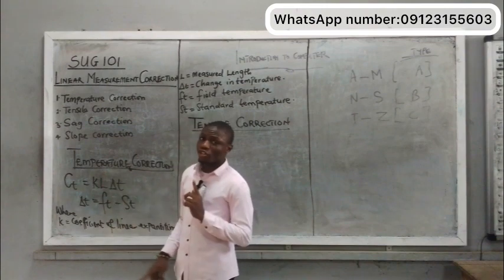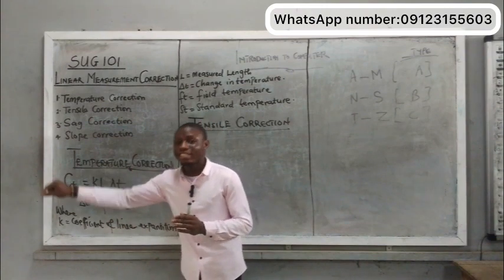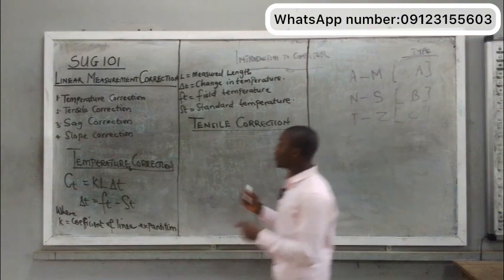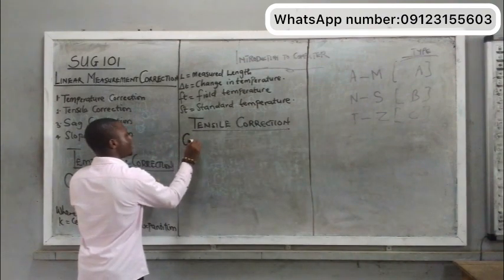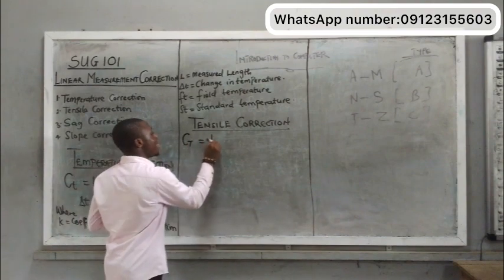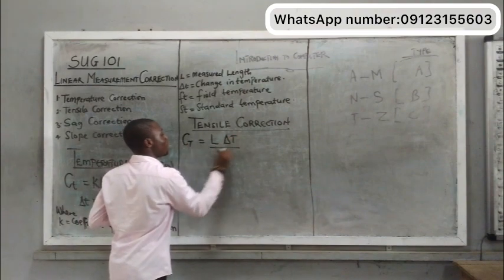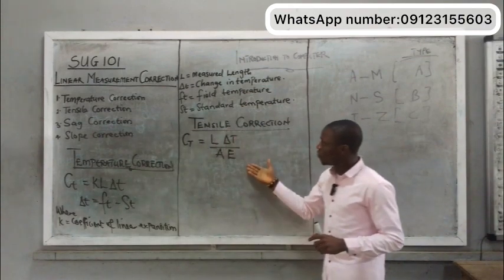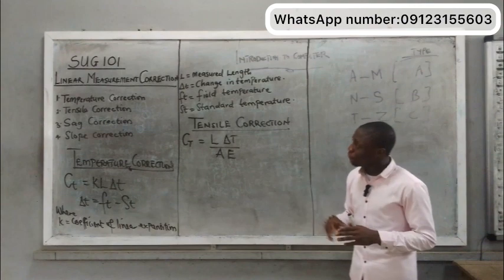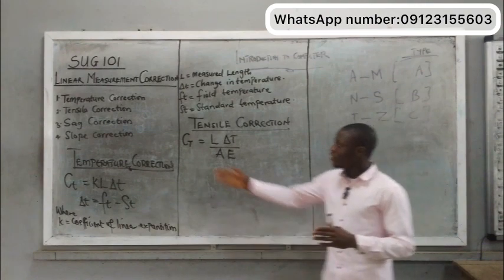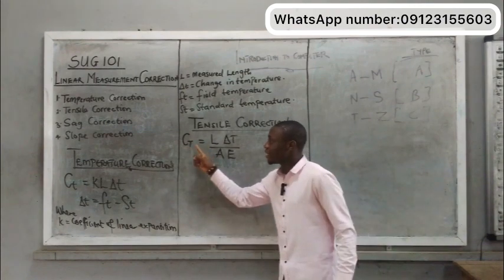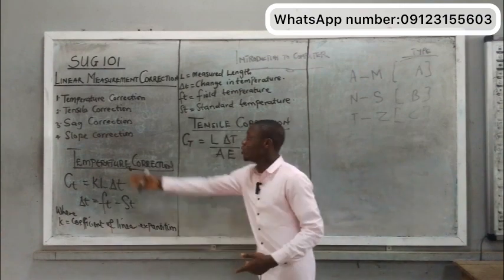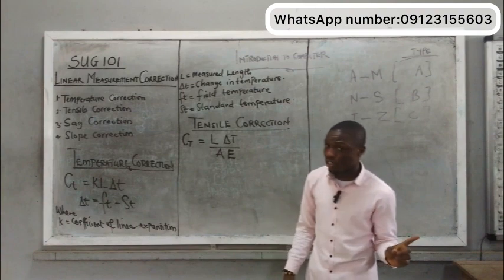Observe, temperature correction is C with a small letter t, but tensile correction is C with a capital letter T. So CT is equal to M ΔT over AE. Here is the formula for tensile correction. If I put a small letter t, I'm referring to temperature correction.